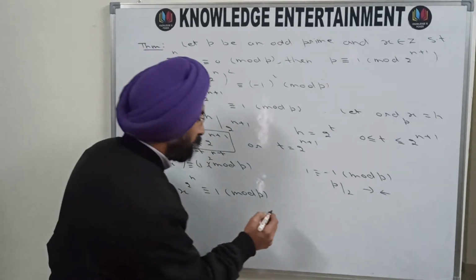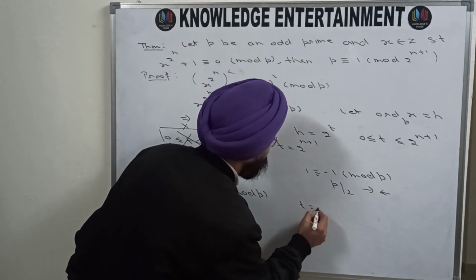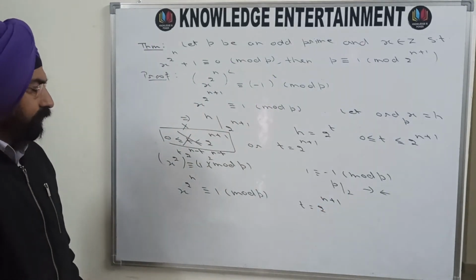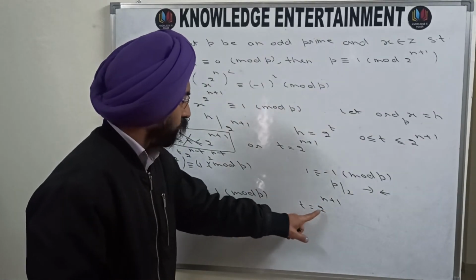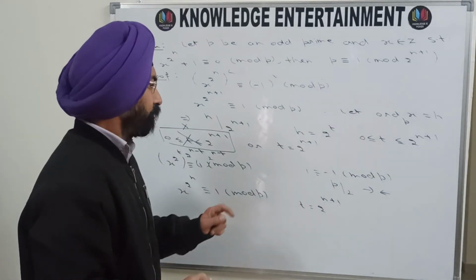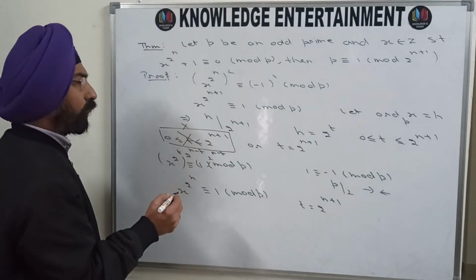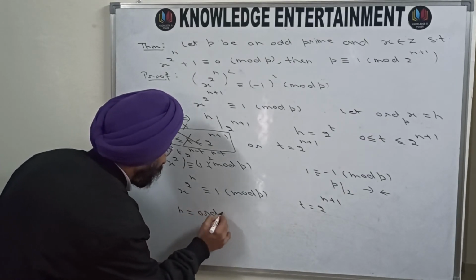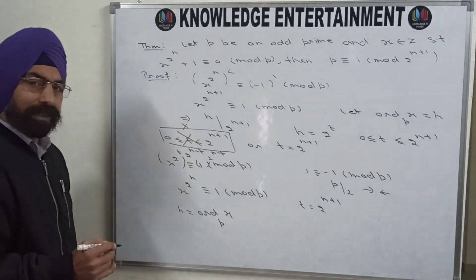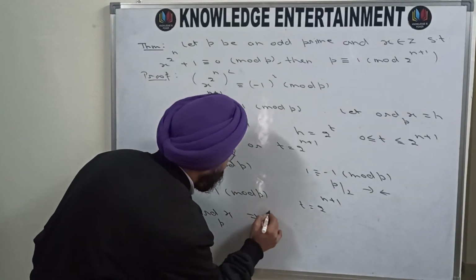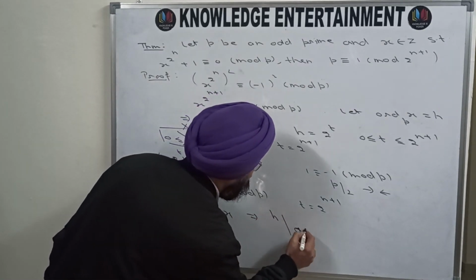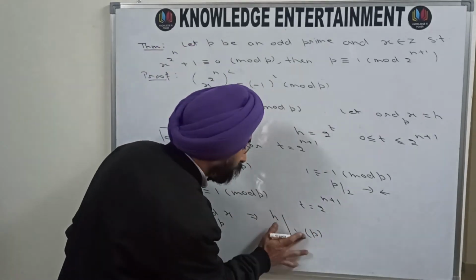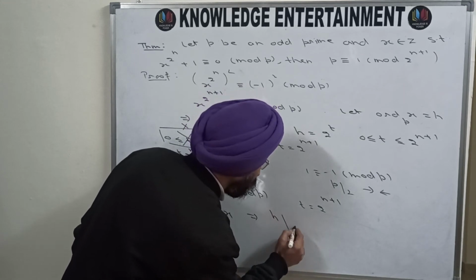So what is possible? The only possibility is t is equal to n plus 1. Now h is the order of x modulo P. That means h divides phi(P), and since P is an odd prime, phi(P) will become P minus 1.